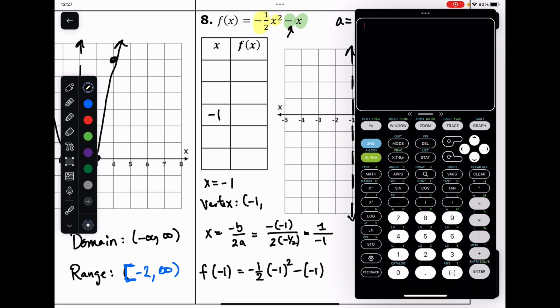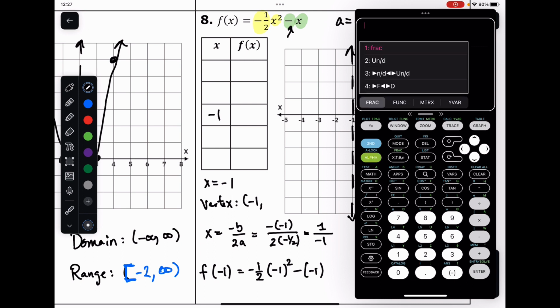Now, if I want to put a fraction symbol on these yellow calculators, I have a shortcut for all of this: the alpha key, the green button, and then the y equals, and I get shortcuts right here. I could also do it if I go to math.